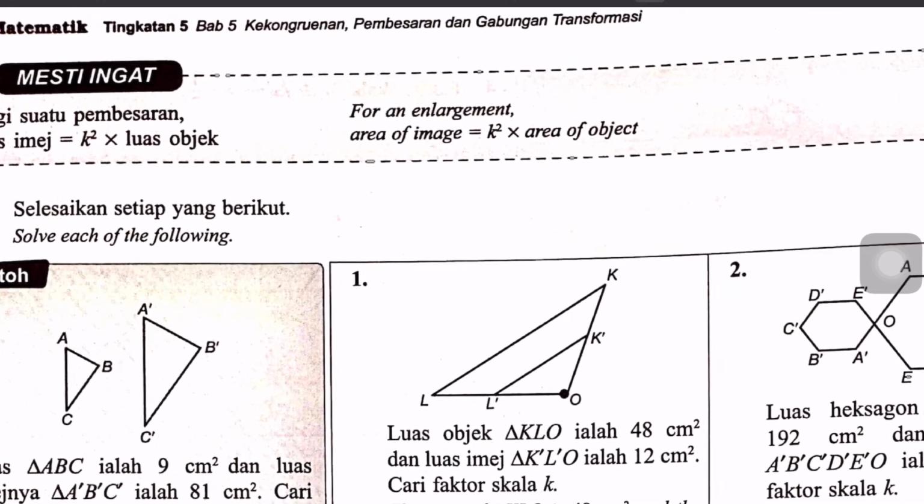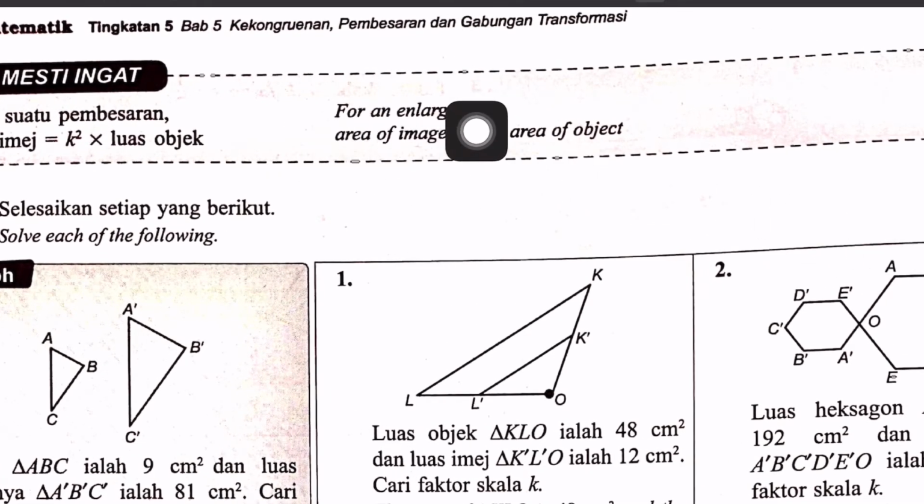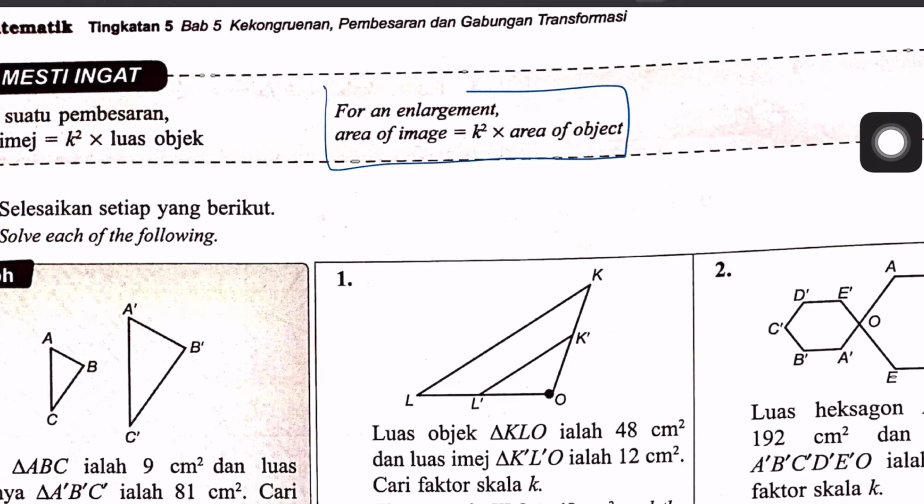So let's look over here. For an enlargement, area of image is equal to k squared times area of object. If possible, try to memorize this formula, so it will be much easier for you to solve the problems. Just remember that image is equal to k squared times object.